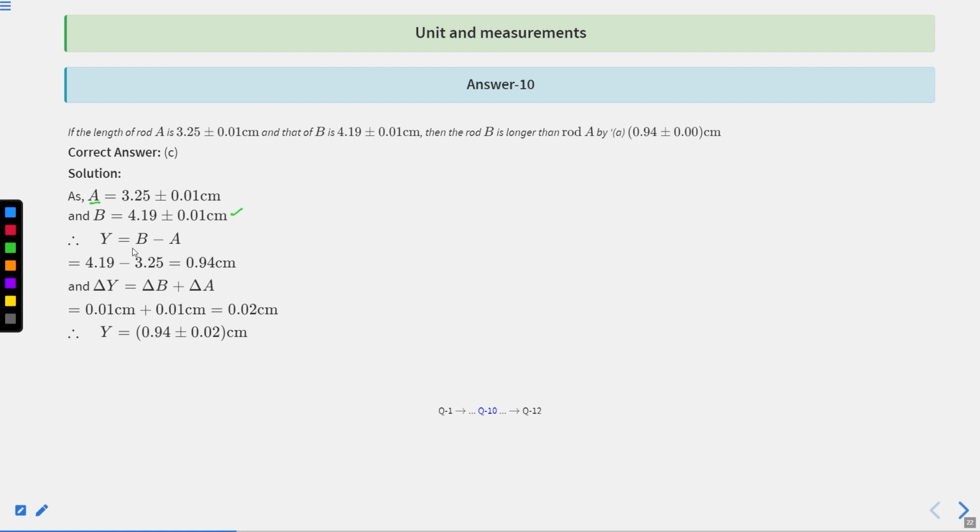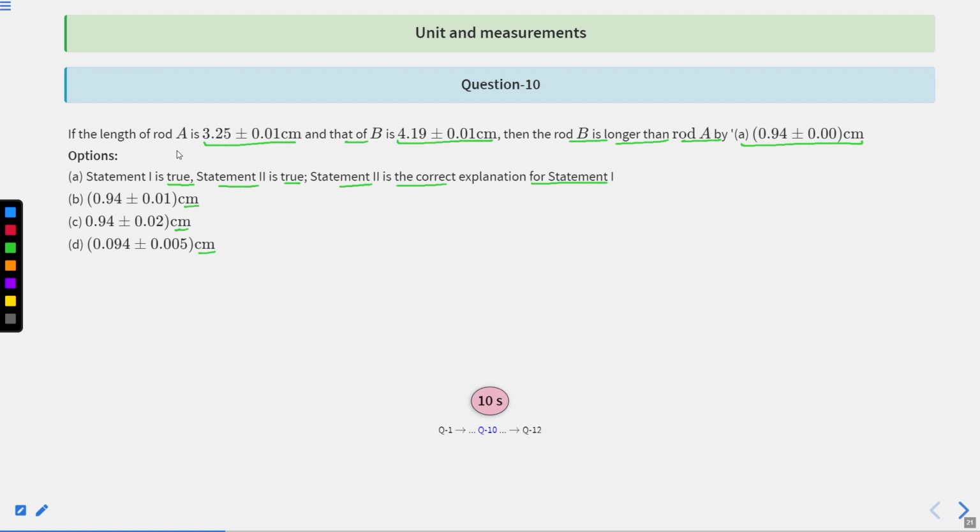So Y is equal to B minus A. After calculating, it is 0.94 centimeter, and delta Y equal to delta B plus delta A. And after calculation, it becomes 0.02 centimeter. So the final answer is this. Clear? The correct answer is C. C is the correct answer. Clear?